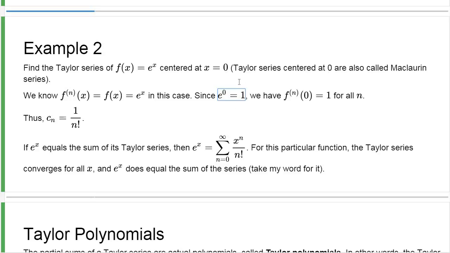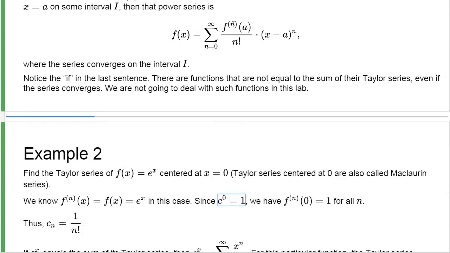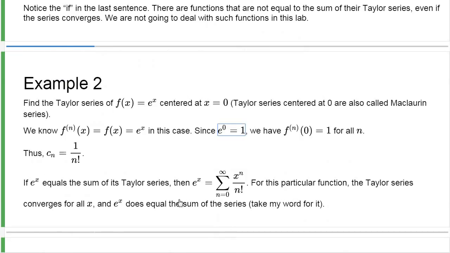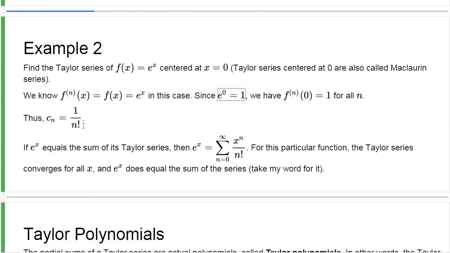So if I go back up here, this is the nth derivative of f, and then plugging in a. That's this part. That's 1. And we're going to need to divide by n factorial, and that gives us that the nth coefficient of the Taylor series is 1 over n factorial. So if f of x equals the sum of its Taylor series, then this is the series it has to be.